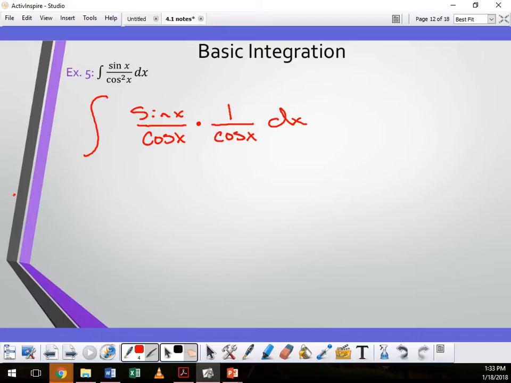I separated it because cosine squared is just cosine times cosine, right? Okay, so now let's see. I'm going to take the integration. So this is going to be tangent, so integration of tangent x. Now what's 1 over cosine? Secant x.